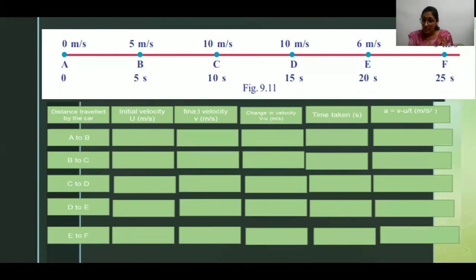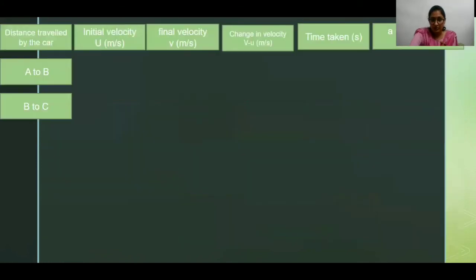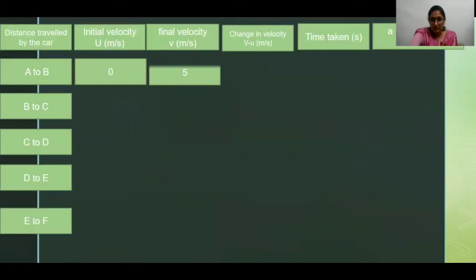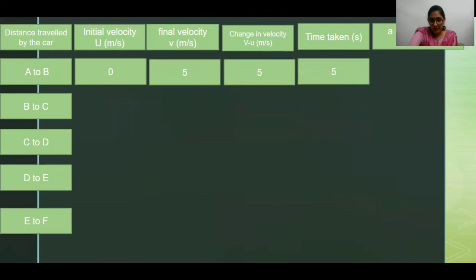So what is the equation of acceleration? Change in velocity divided by time. The change in velocity is equal to final velocity minus initial velocity, that is v minus u. v minus u is equal to 5. The time taken is 5 seconds.